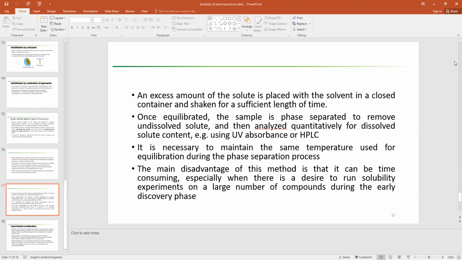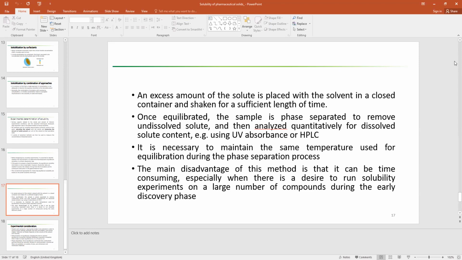Once equilibration has occurred, or we can ensure it occurred, the phase separation is the next step to remove the undissolved solute, and then analyzing it in a quantitative way using different techniques, for example, UV absorbance, HPLC, UPLC, you name it. It is necessary to maintain the same temperature for equilibrium during this experiment, even through the phase separation process.